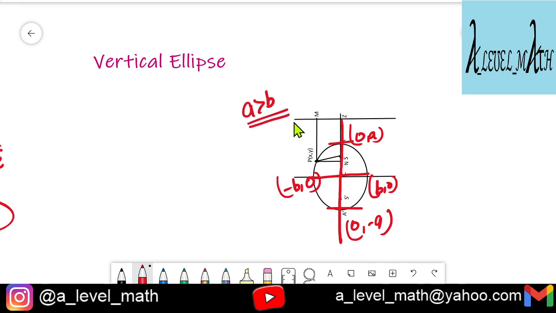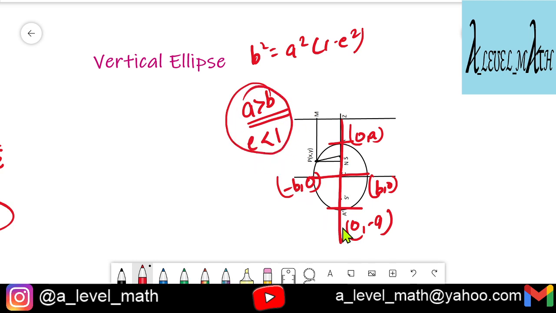Doesn't matter whether it's a horizontal ellipse or a vertical ellipse, my a is always greater than b. That is why e always has to be less than 1, because of this formula, b square is equal to a square times 1 minus e square. If we always take a to be greater than b, then my e has to be less than 1. These two things just go side by side, hand in hand.